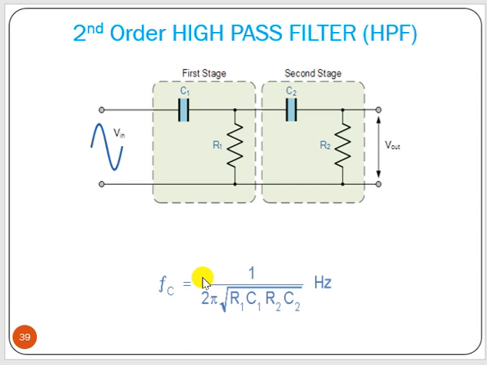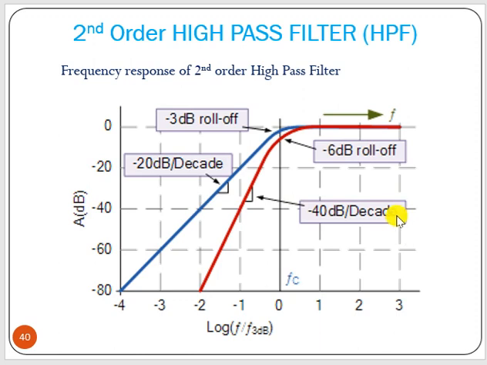The cutoff frequency formula is the same, 1 by 2 pi root of R1 C1 R2 C2, same as the second order low pass filter. So this is your first order, 20 dB per decade attenuation. Here it is 40 dB. So for second order it becomes steeper.